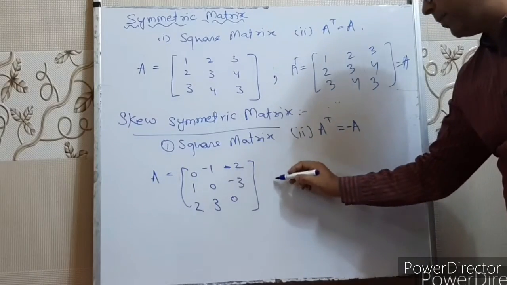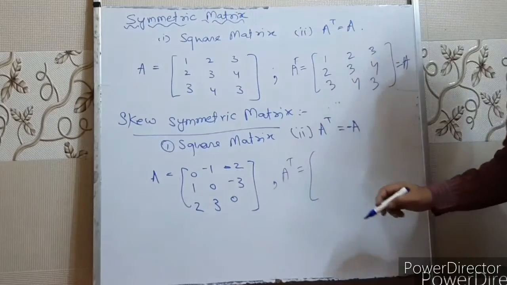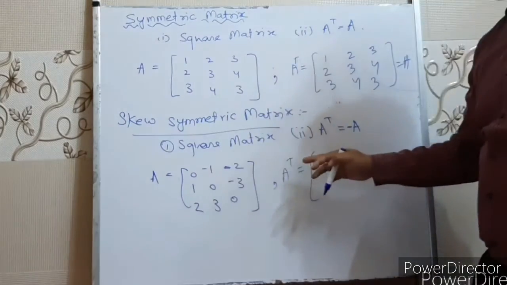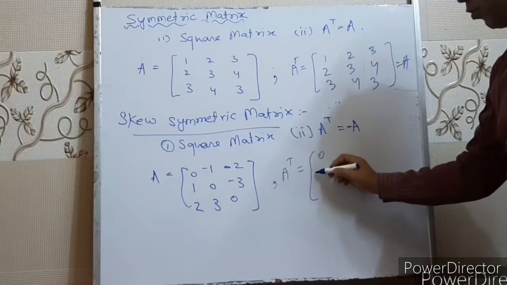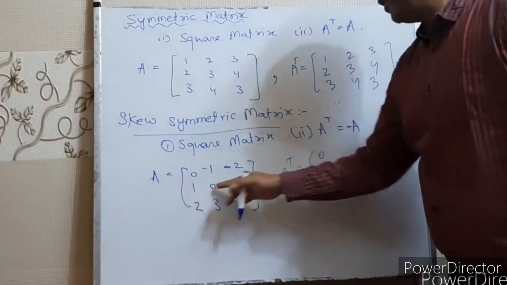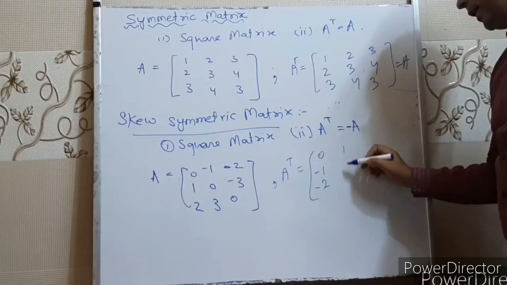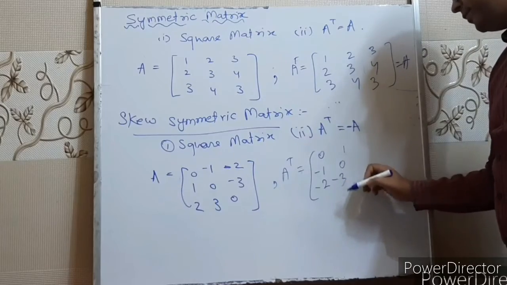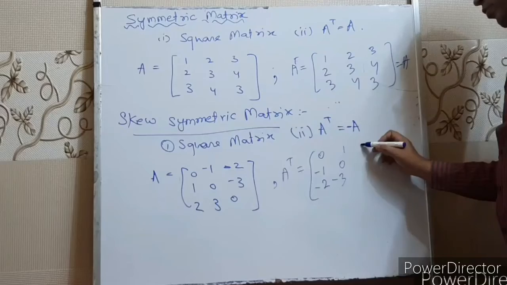When you do the transpose of this square matrix, interchange the rows and columns. What is our first row? 0, minus 1, minus 2. Change it to a column. Our second row is 1, 0, minus 3. Make it column 2. The third row is 2, 3, 0. That will become our third column.